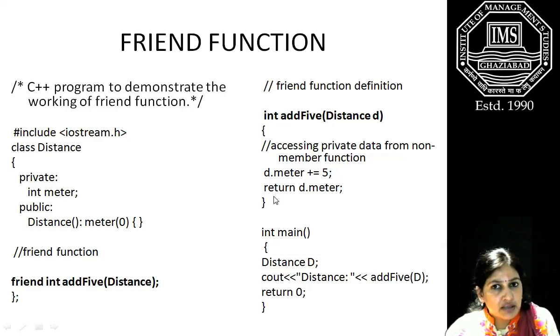Then we are returning d.meter, meaning we are returning an integer type value. In the main function, we have declared an object of Distance class and we are calling this friend function add5. Now we can see that add5 is not a member function of this class. Still, it is accessing the private data, that is meter, of the class Distance.